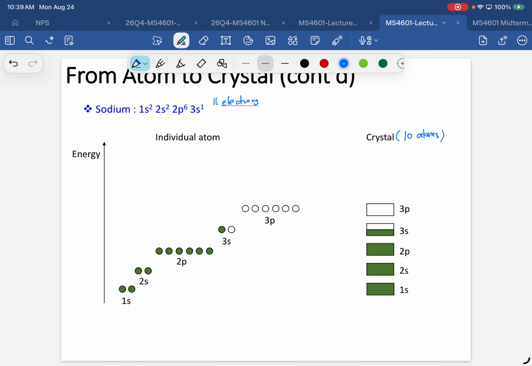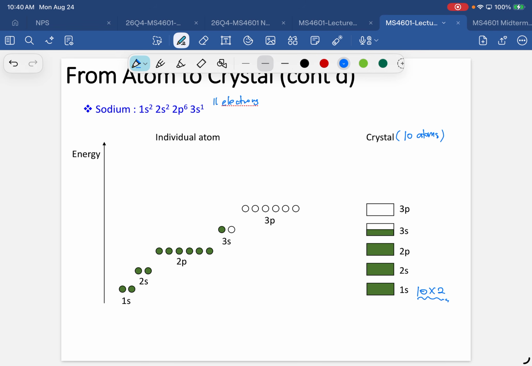So what that means is that, for the 1s band, how many available spaces do we have there? We have 10 times 2 available spaces, right? Because each individual atom has 2 parking spaces, and we have 10 atoms.